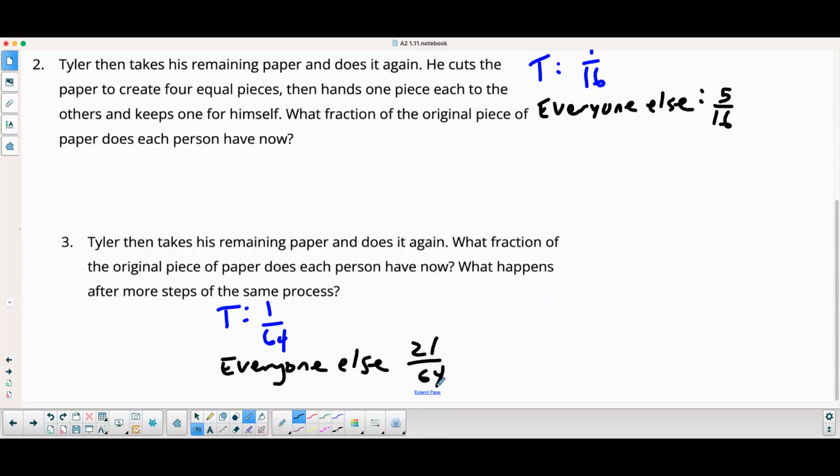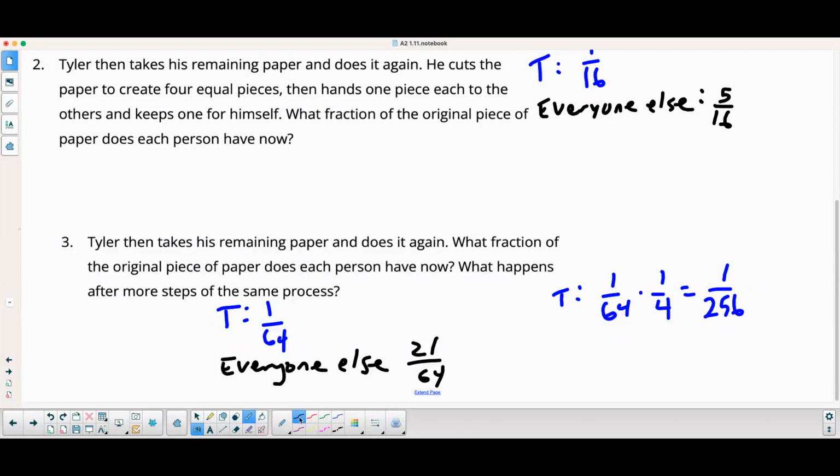So the question here is, what would happen if we keep following this pattern? So, the next step we're going to add, it's going to be 1/128 for Tyler. You can kind of see it's timesing it by, no, I'm sorry, timesing it by 1/4 basically. So Tyler's would be 1/64 times 1/4. That'd be 1/256.